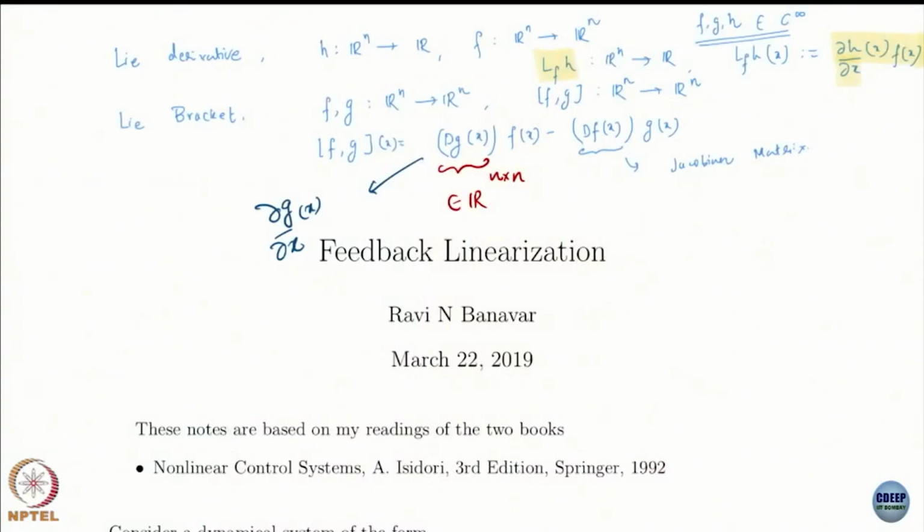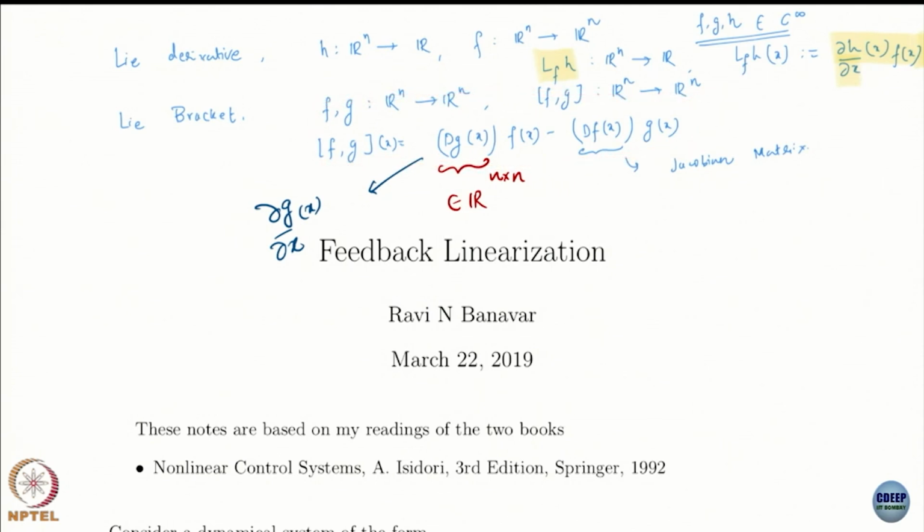All right. So the only two real notations, and then of course extended versions of this. There is the Lie derivative, which is basically the directional derivative of a scalar valued function along a vector field, and then there was the Lie bracket, which basically takes two vector fields and gives you a sort of skew symmetric operation.